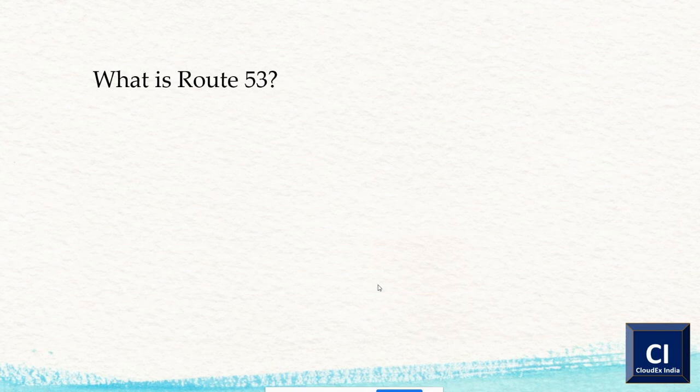So in Route 53, what does it do? It is the DNS service in Amazon, and it helps you check the health status of your target, whether the target is healthy or not. If it is not healthy, then it will not route your traffic to that unhealthy host.